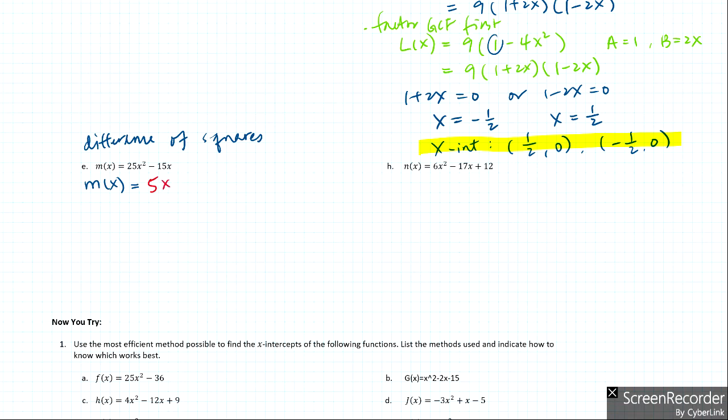And once I have this form, we can actually get 5x minus 3 and recognize that I was wrong and it wasn't difference of squares in this case. And when we have the special forms over here, it doesn't work out to be difference of squares in this particular case because we don't have a variable squared minus a constant squared.